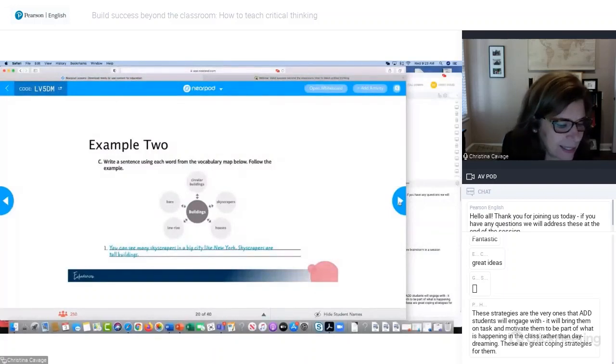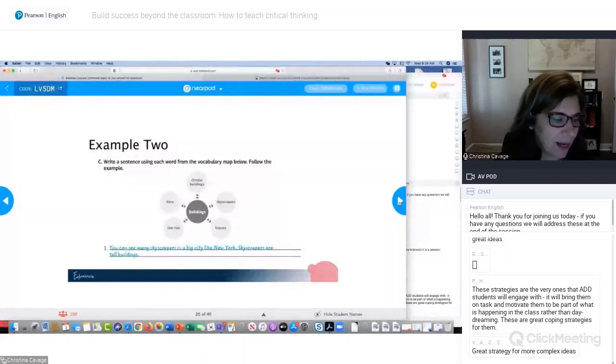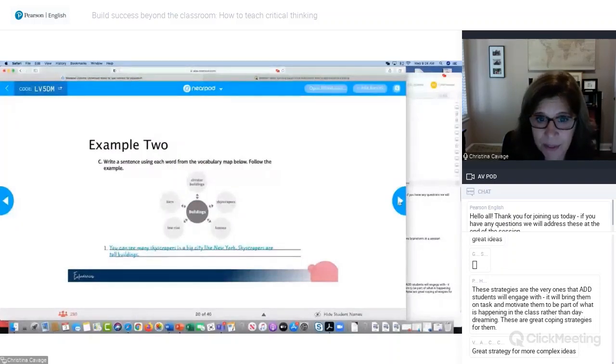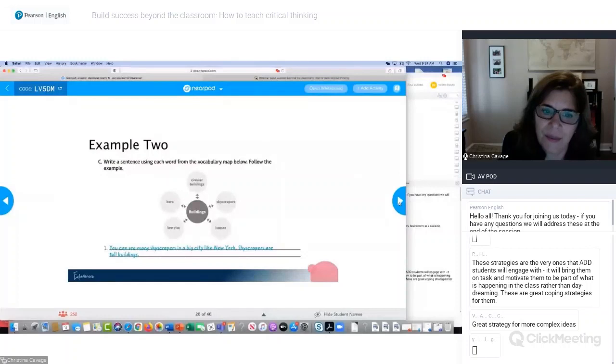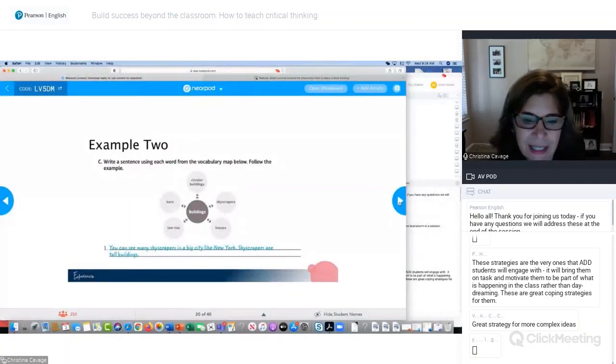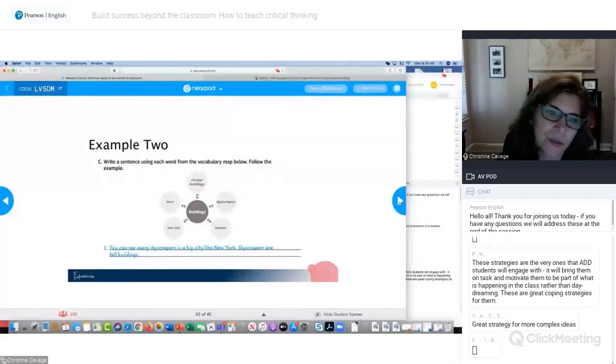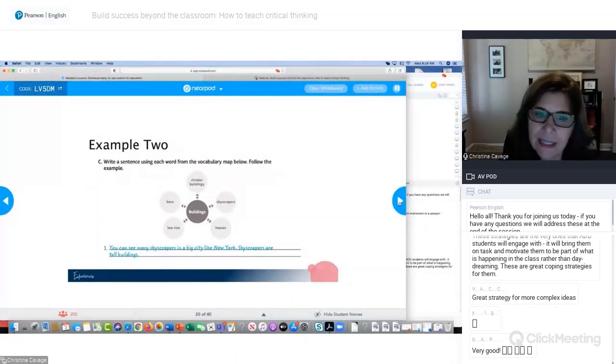Now we can take this a step further too. I love to use graphic organizers for vocabulary building. This, again, can be done at the beginning level, at the intermediate level, at the advanced level. So you can take a simple word like buildings, maybe at the beginning level, and have students generate different types of buildings.